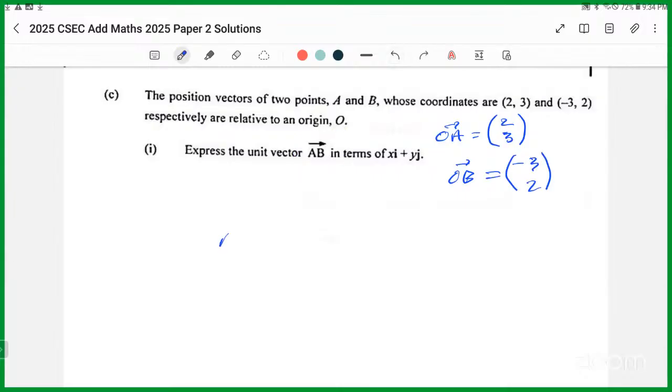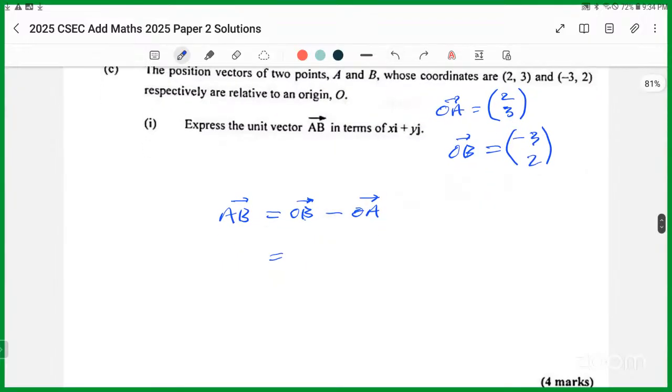Easy. Vector AB is equal to OB minus OA. So doing this one minus this one. Careful now. So it's this value minus this value. Minus 3, 2 minus 2, 3.